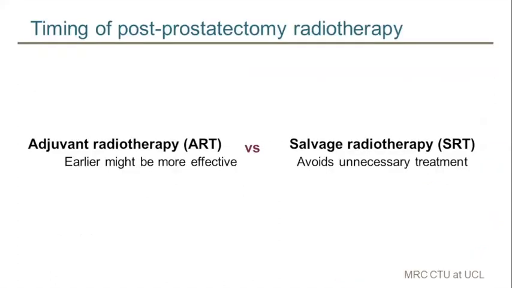And the trial was trying to answer the question, do you need to give radiotherapy straight after you've done an operation to try to reduce the risk of the cancer coming back if that patient had some, inverted commas, high-risk features? Or can you watch them really, really carefully, watch their PSA, and then give them what we would call salvage radiotherapy if the PSA starts to rise?